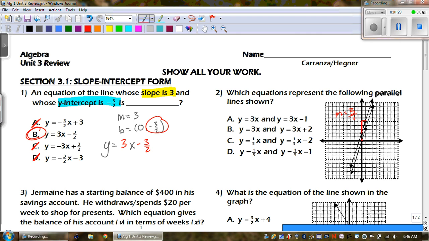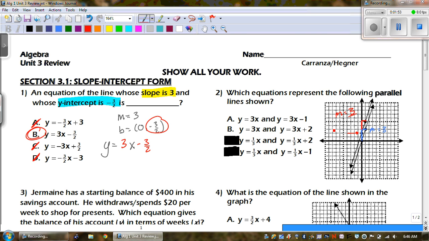And just to make sure that it's true in both situations, I'll use a different color for the other line. Yes, m equals 3. So if I know that m is 3, I can cross out C and D.